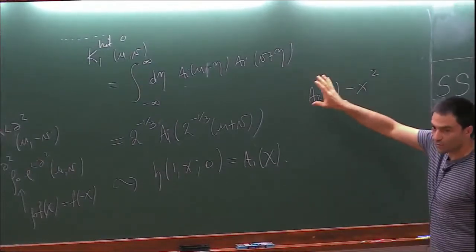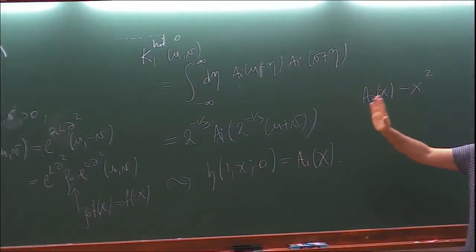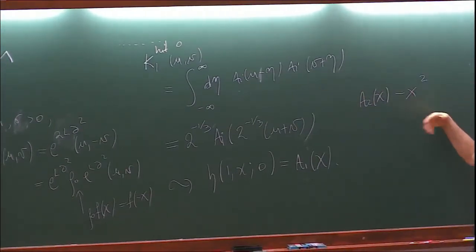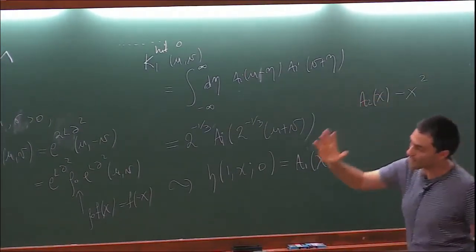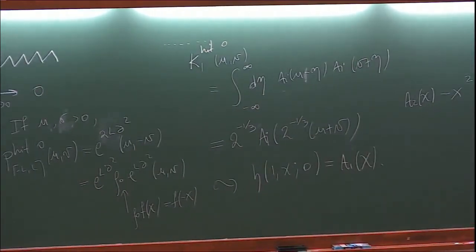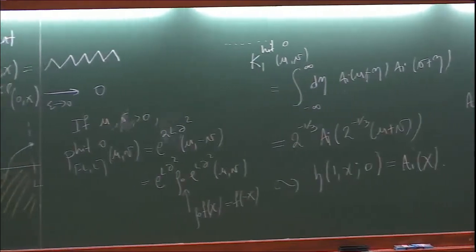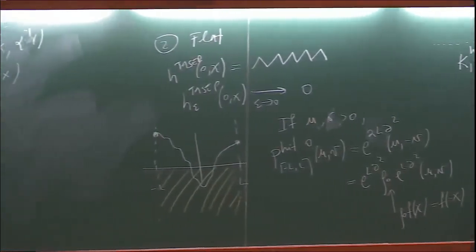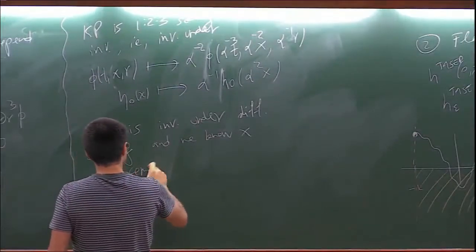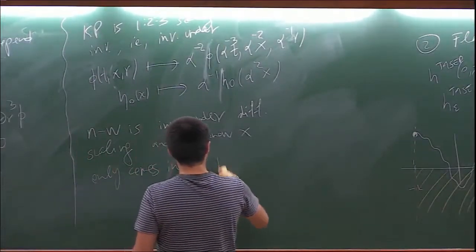The Airy2 process is a stationary process. It has the same distribution everywhere, but I have to shift by this parabola. But I can use that. I can just add the parabola back in. So narrow wedge is invariant under diffusive scaling, and we know x only comes in as a parabolic shift.